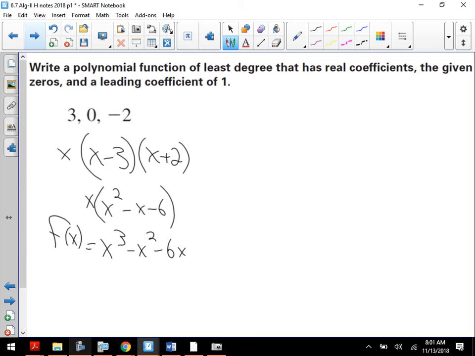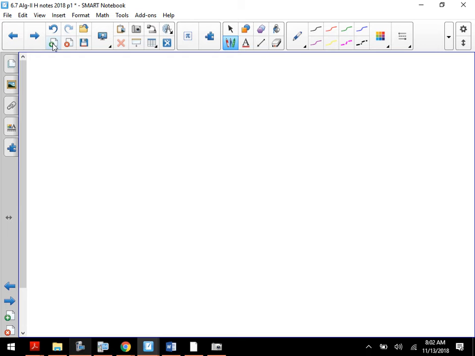Okay. When you start thinking about imaginaries, how do you generate an imaginary zero? What did the term always have to be to get x squared, then what? Something. Good. In order to get an imaginary answer, that meant that it had to come from x squared plus something.